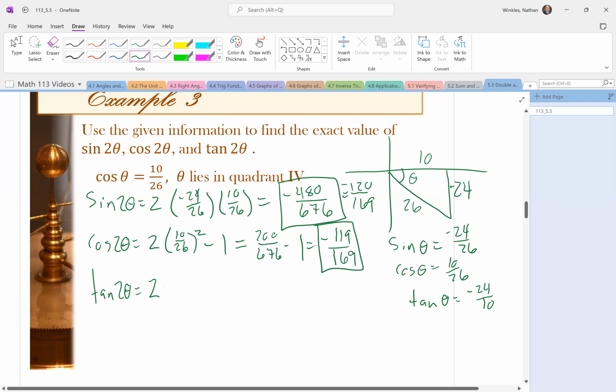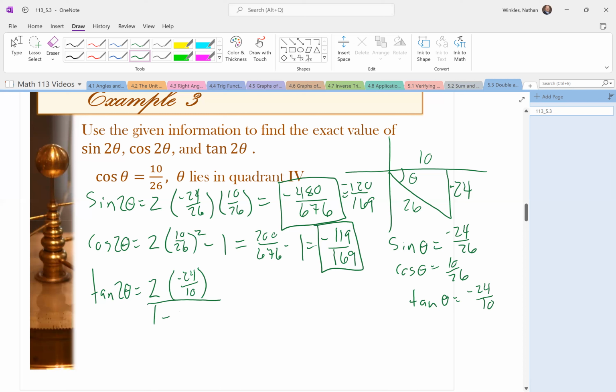So 2 times tangent of theta, negative 24 over 10, all divided by 1 minus negative 24 over 10 all squared. So negative 48 over 10 divided by 1 minus 576 over 100.